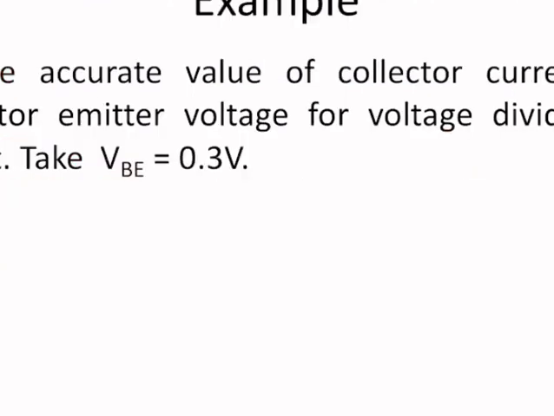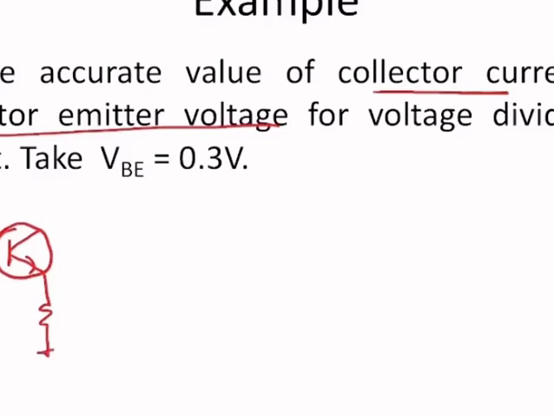Now solve this example. Find the accurate value of collector current and collector emitter voltage for the voltage divider bias circuit. In this example, you will take this circuit: RE is 1 kilo ohm, RC is 5 kilo ohm, VCC is 12 volt, which is connected to R1 and R2 resistors.